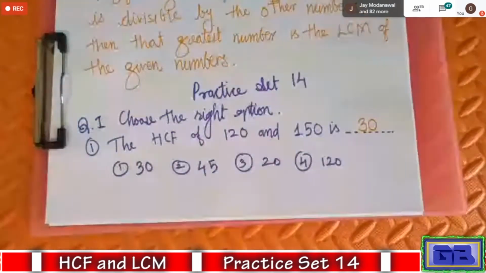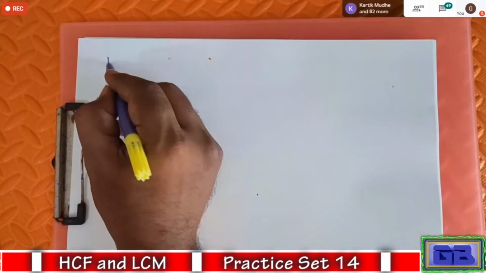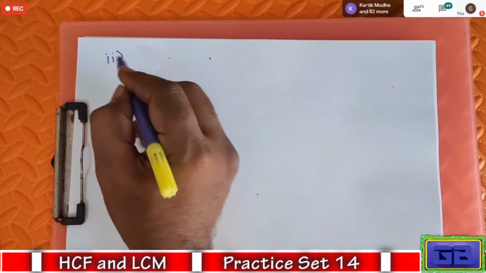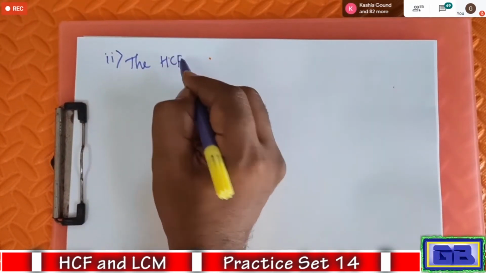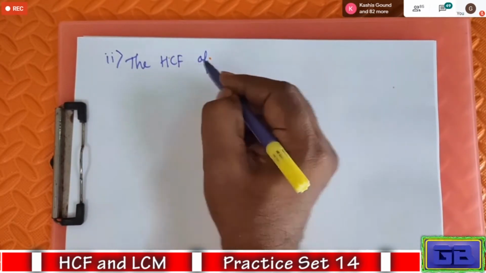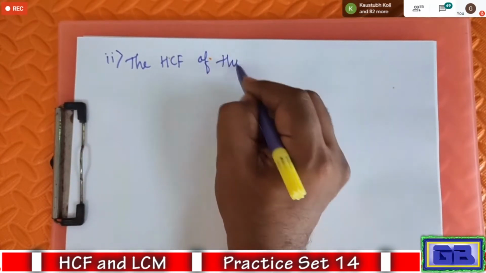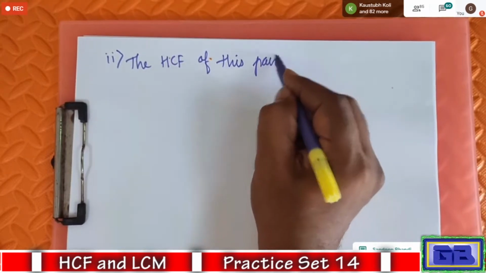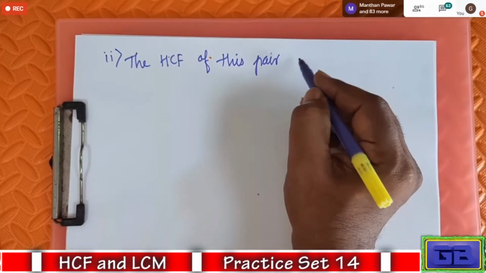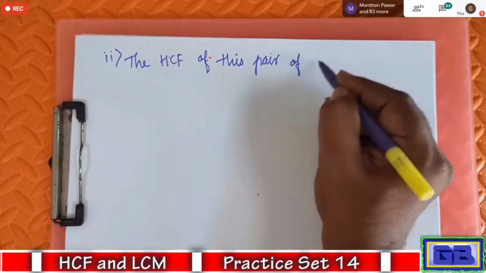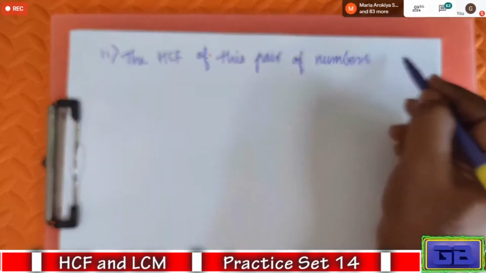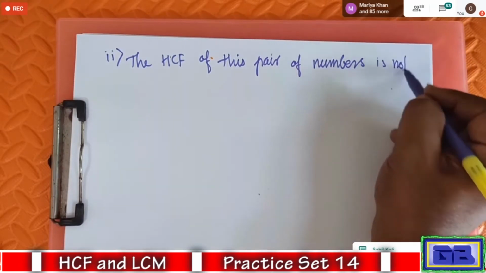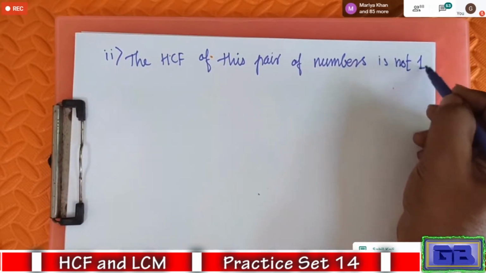Write down question number 2. The HCF of this pair of numbers is not 1.